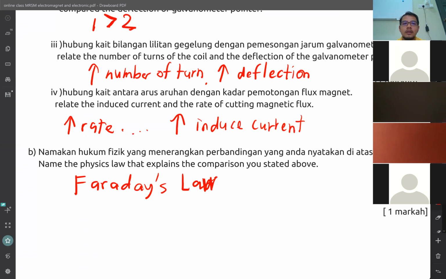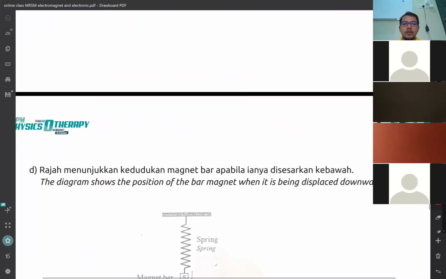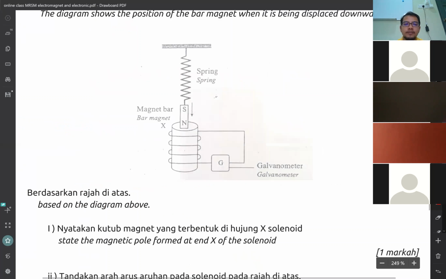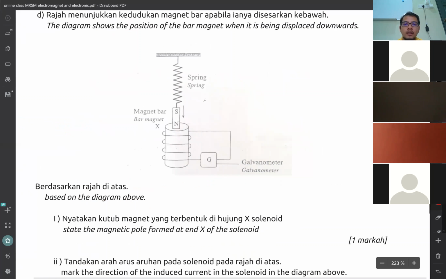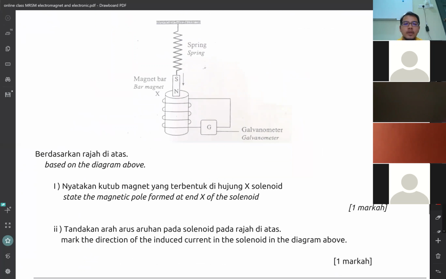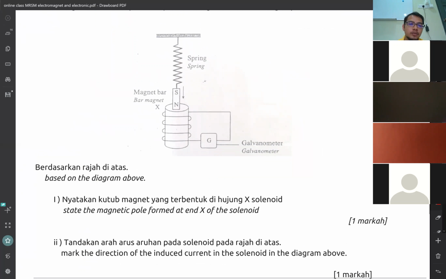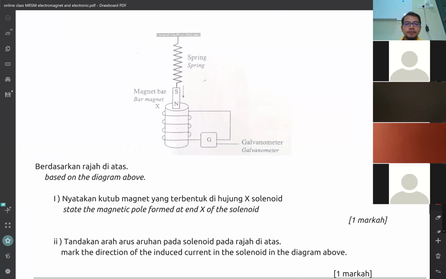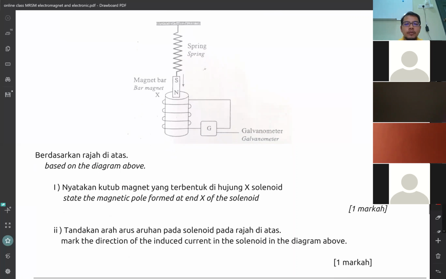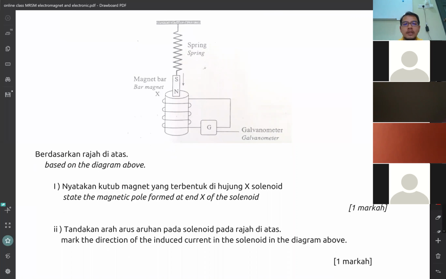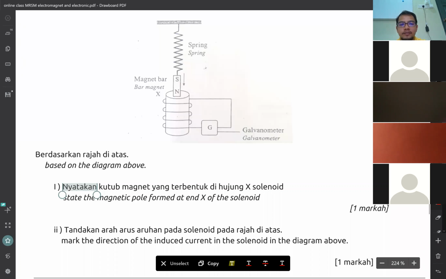Okay, right. So we move to the last one for today, this one. Based on the diagram above, this one also from your trial, state the magnetic pole formed at the end of the solenoid. What is the pole at the end of the solenoid?